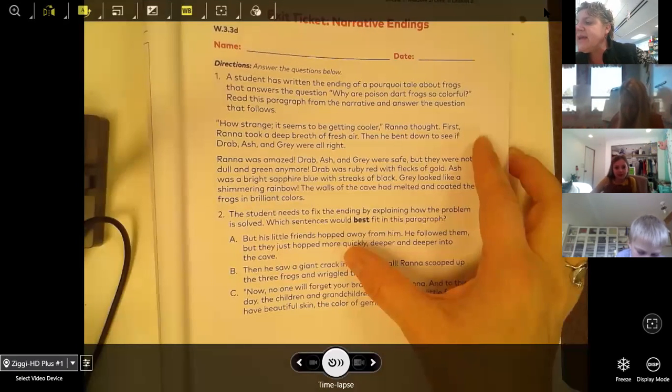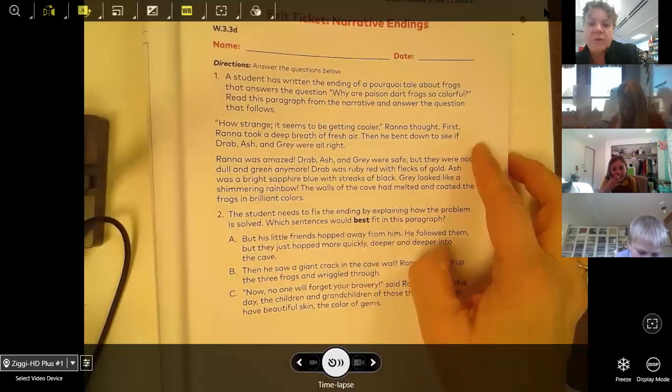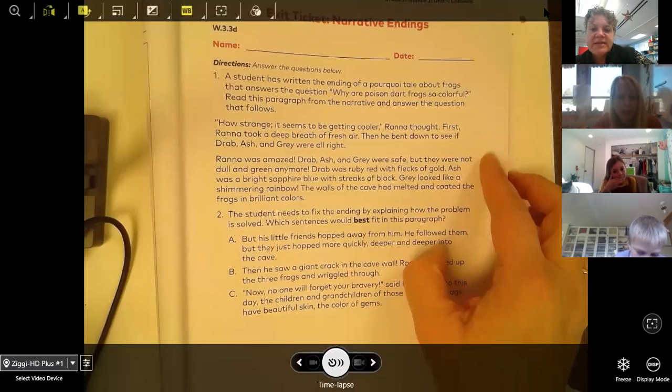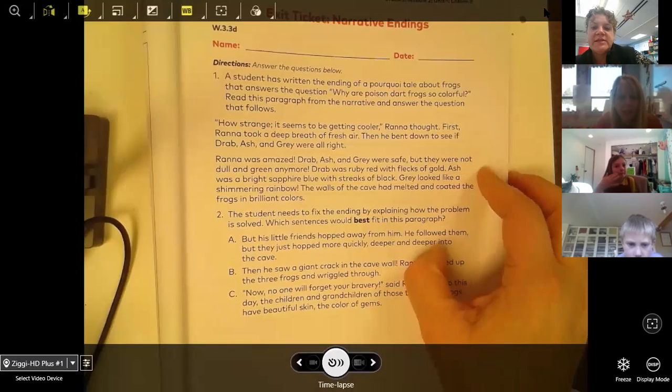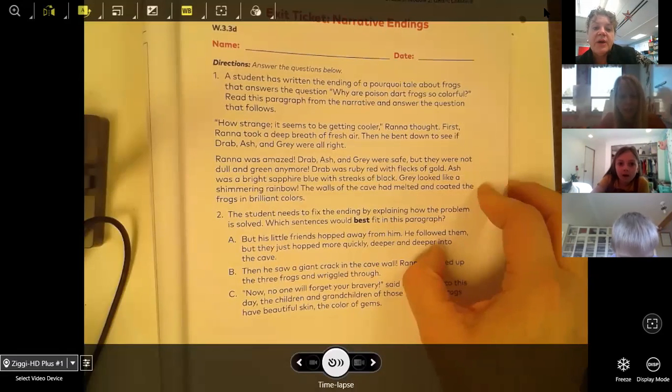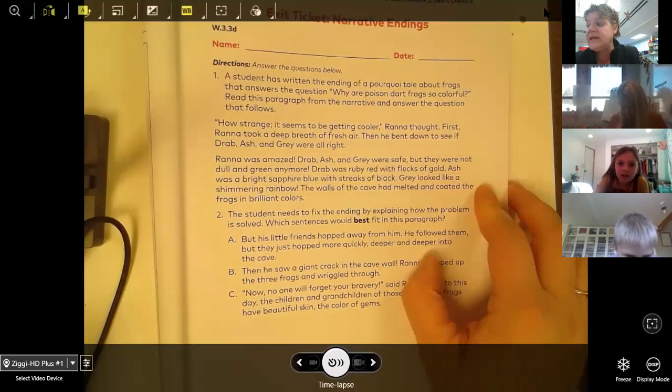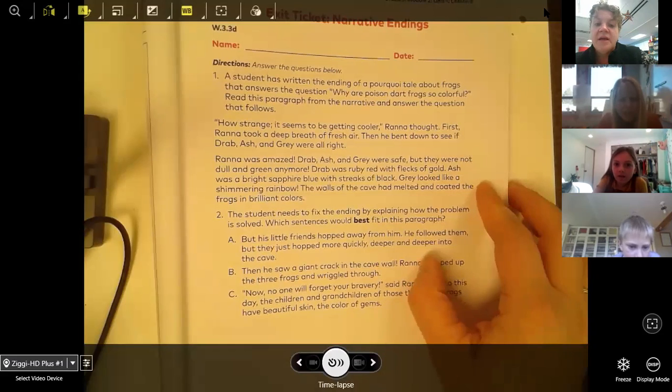Then he bent down to see if Drab, Ash, and Gray were all right. Rana was amazed. Drab, Ash, and Gray were safe, but they were not dull and green anymore. Drab was ruby red with flecks of gold. Ash was bright sapphire blue with streaks of black. Gray looked like a shimmering rainbow. The walls of the cave melted and coated the frogs in brilliant colors.